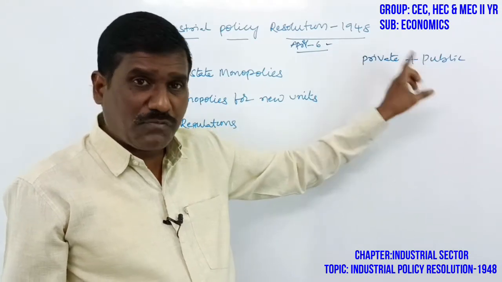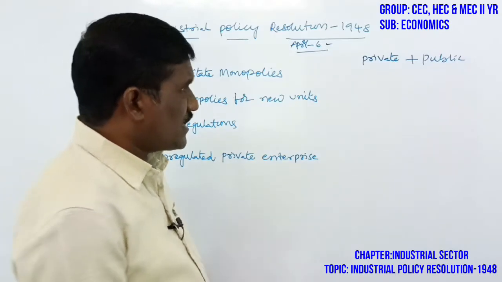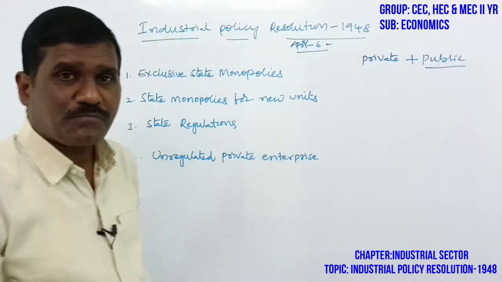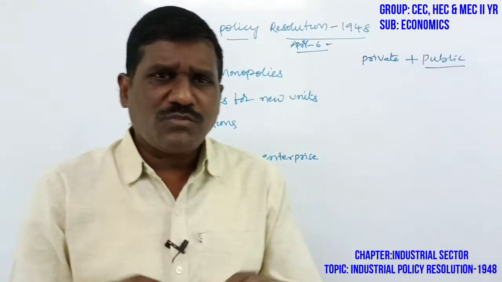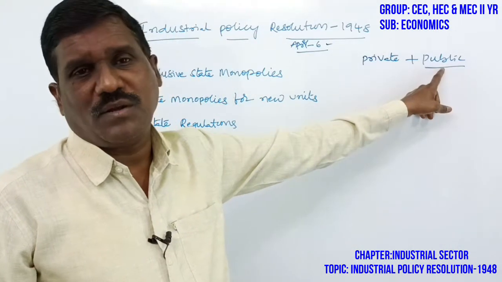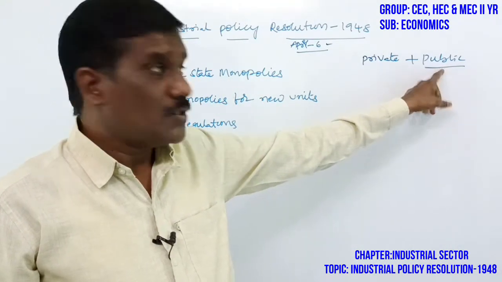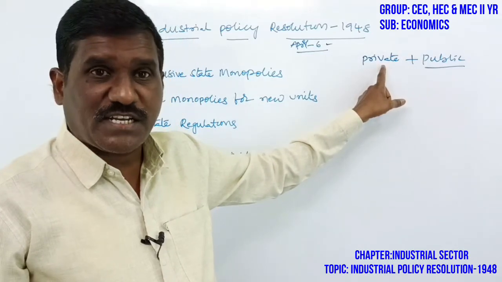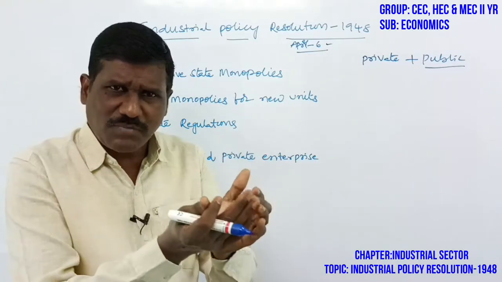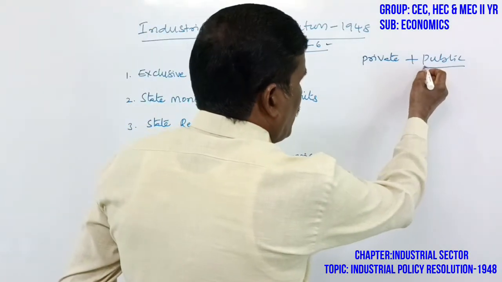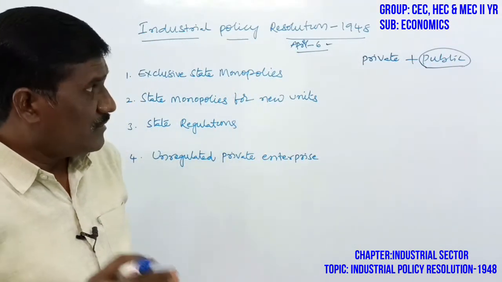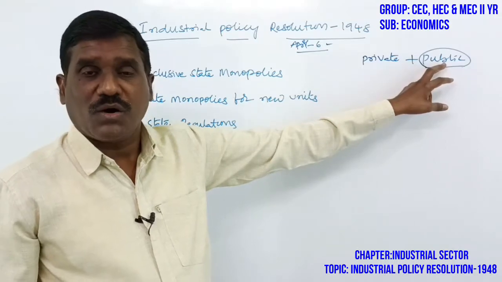After the confusion between private and public sector, the government of India gave more importance to the public sector. So the industries which we are going to establish in India are totally organized by the government sector only. Public means government sector only. So there is no priority for the private sector. This is the decision taken by the government of India.